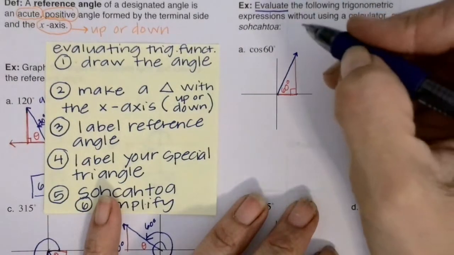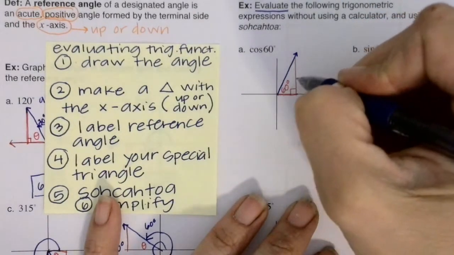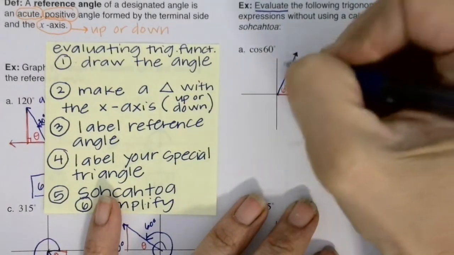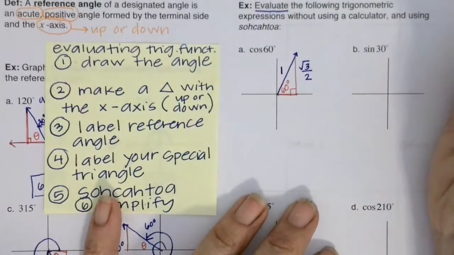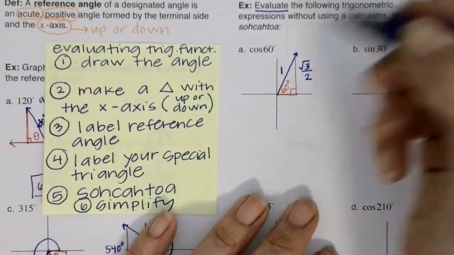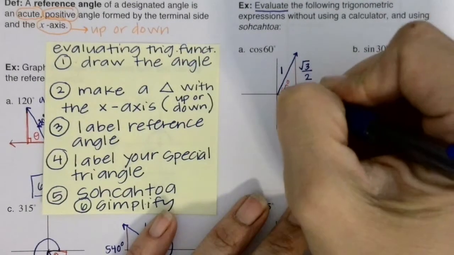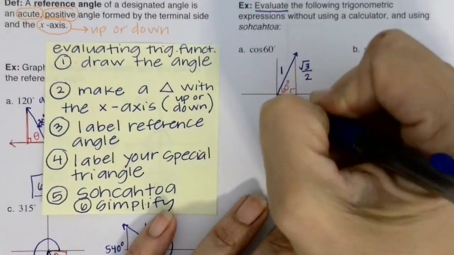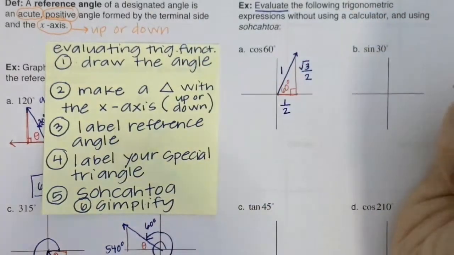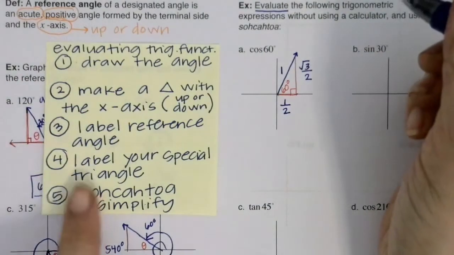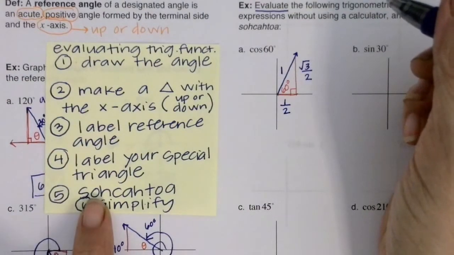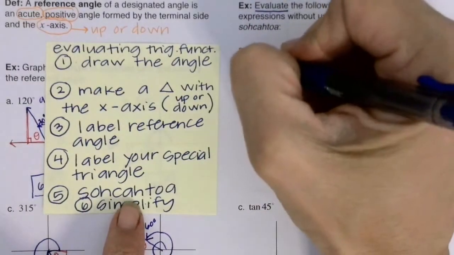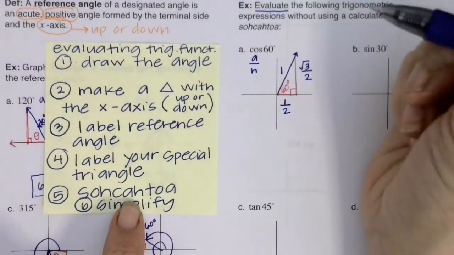Label your special triangle. Okay, opposite 60 degrees is always the square root of 3 over 2. The hypotenuse or radius is always 1. And then the other side, if this is a 60-degree angle, then that little guy up there is a 30-degree angle, so this is 1/2. Now, step 4 we've just done. Step 5 is SOHCAHTOA. Well, this is cosine, so that's going to be adjacent over hypotenuse.